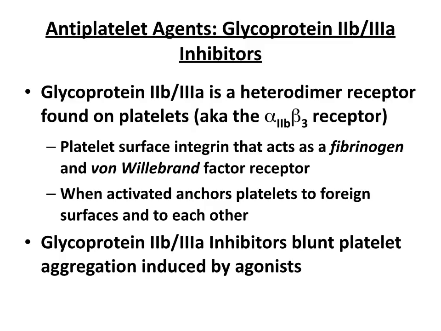Okay, another set of antiplatelet agents, I'm almost done here, that you need to be aware of are the glycoprotein 2B3A inhibitors. This glycoprotein 2B3A is different from that platelet purine receptor. This is a different receptor. It's a heterodimer receptor found on platelets, and when it's normally activated, it acts as a fibrinogen and von Willebrand factor receptor.